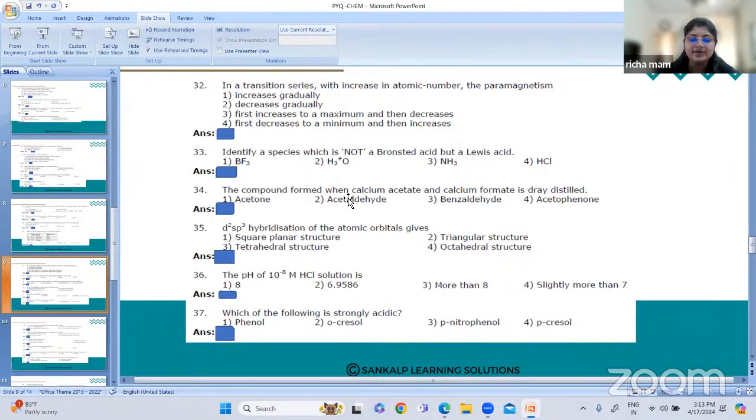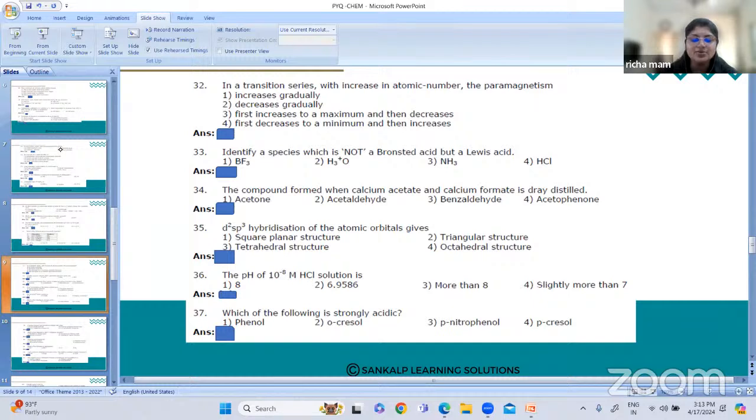So when we are filling the electrons, what will happen? The electrons will first be filled into the empty d orbitals, right? So these are first singly occupied.